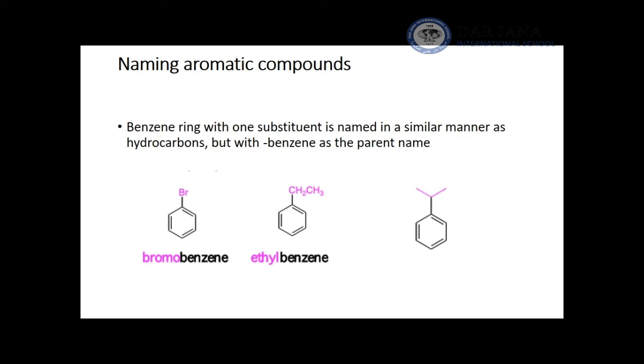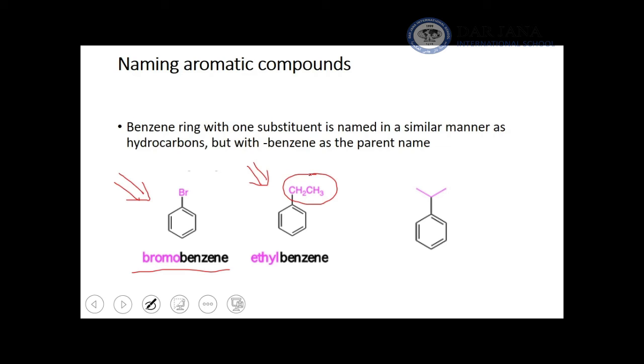In the first example, there is a bromine atom on this benzene ring, so the name of this molecule is bromobenzene.